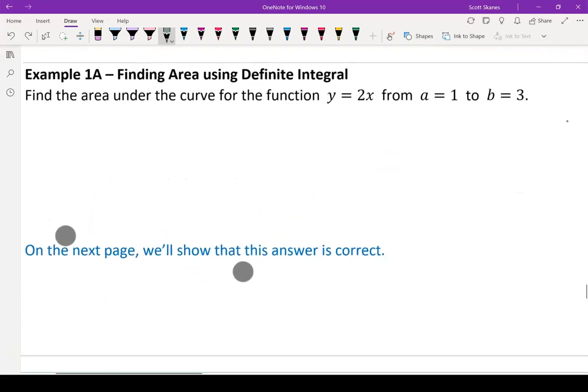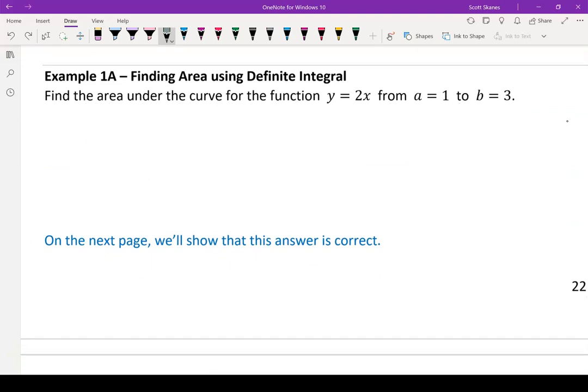So example 1a, finding the area using the definite integral. It says find the area under the curve. This is what we do when we are getting a definite integral. So in other words, if it says find the area under the curve, it's suggesting that you use the definite integral.